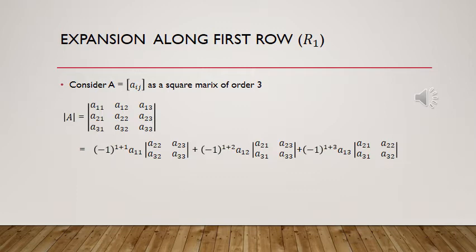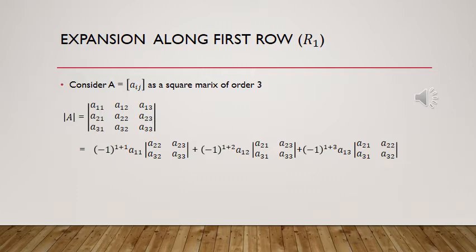So, we multiply the first element A11 by negative 1 raised to the sum of the suffixes and with the second order determinant obtained by deleting the elements of first row and first column, as A11 lies in R1 and C1.